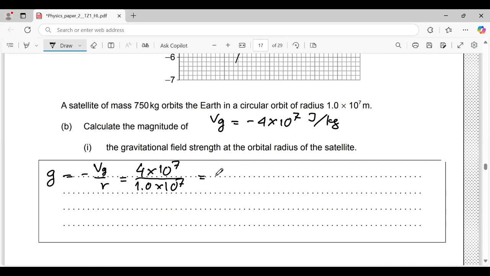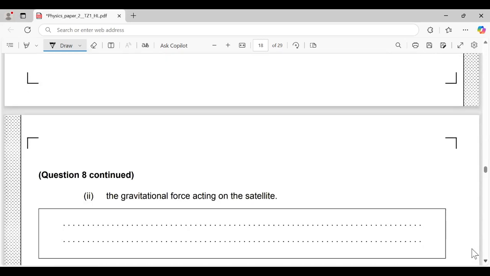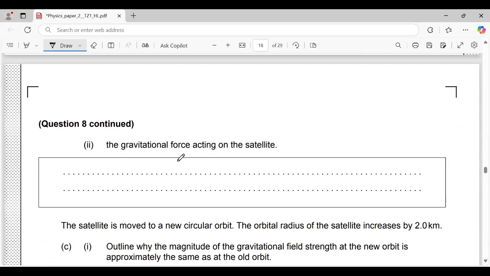So it is 4.0 meters per second squared. The gravitational force acting on the satellite: we are going to use this formula F equals m times g. m is 750, and g is 4.